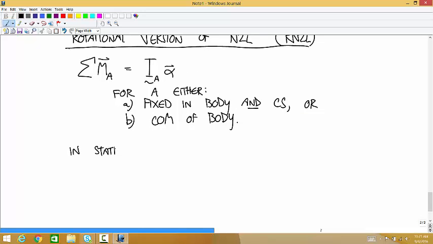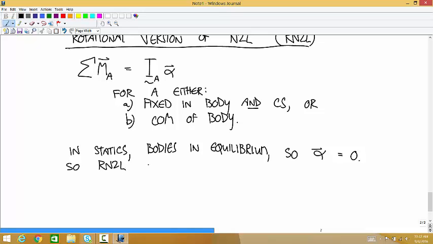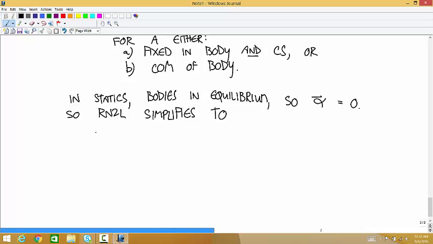In statics, our bodies are in equilibrium, so the angular acceleration is 0. So Rn2L simplifies to the sum of the moments about A is equal to the 0 vector.